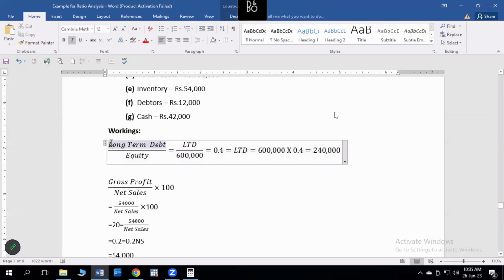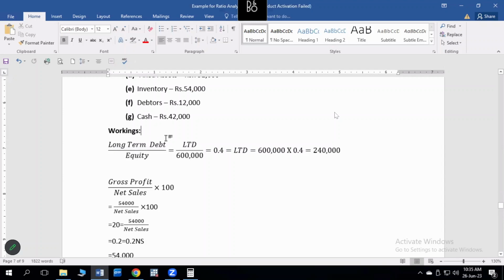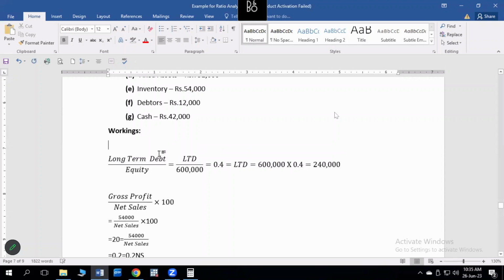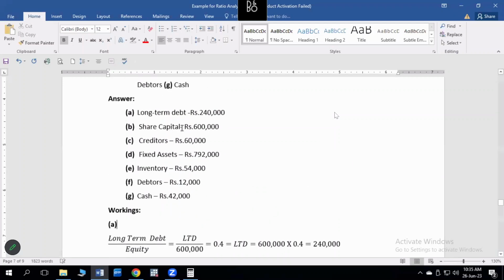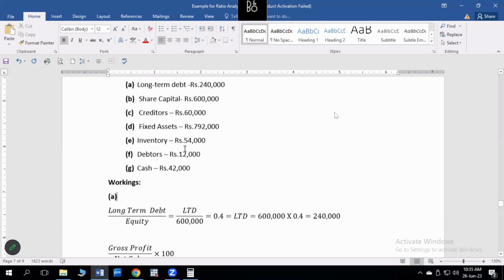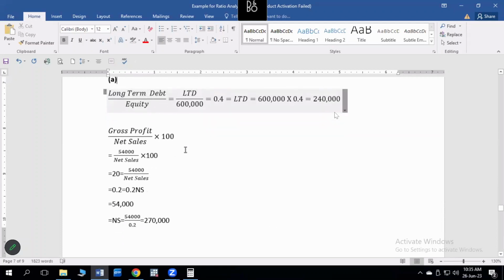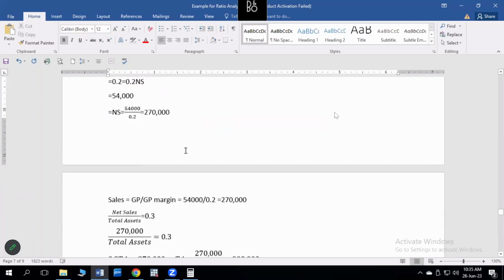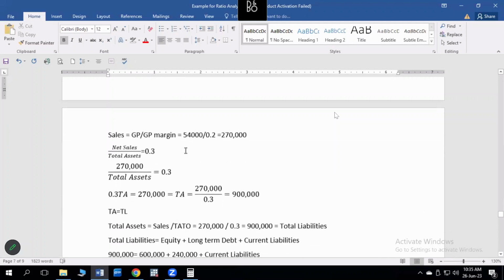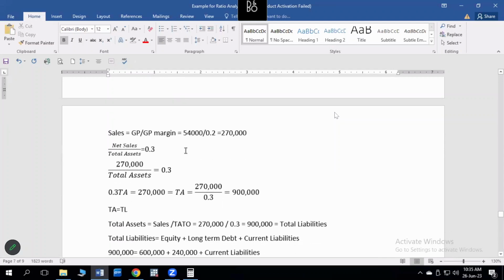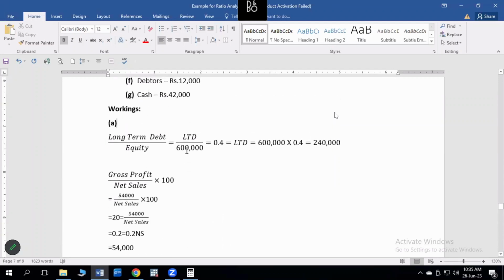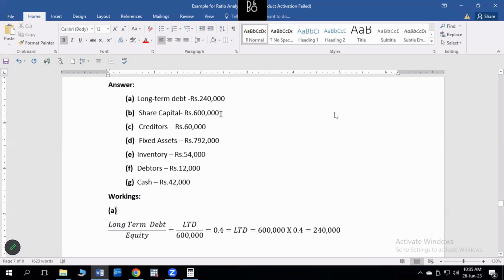This is the first one, A. What is the second one? Capital B. No working is needed. Straight away you can find line 6.